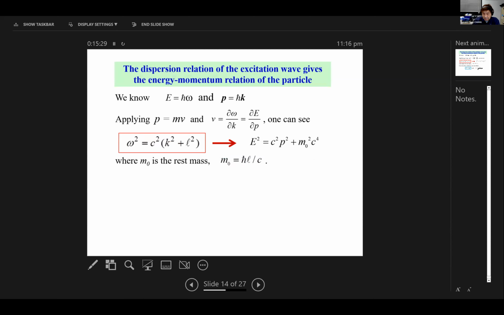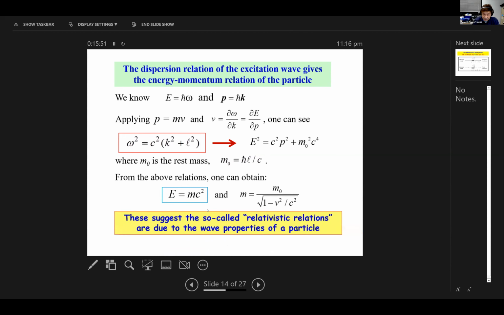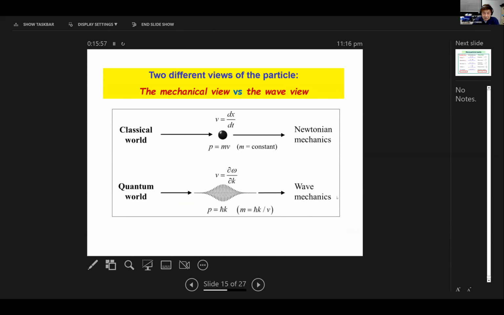Further, we know the momentum equals mass times velocity, and velocity equals the group velocity of the wave packet. From that, you can really show that this dispersion relation directly gives you the energy-momentum relation, and also the L is actually associated with the rest mass. And the other well-known relations can also be derived. In fact, these suggest that the so-called relativistic relations are due to the wave properties of a particle.